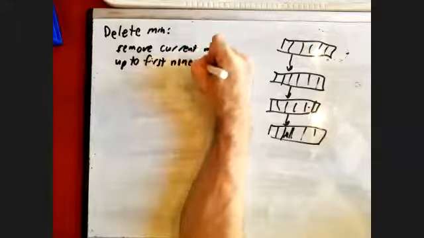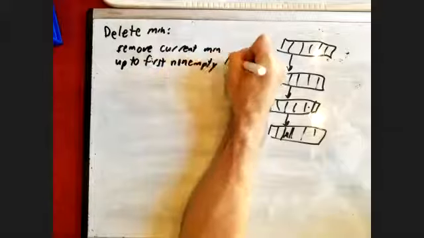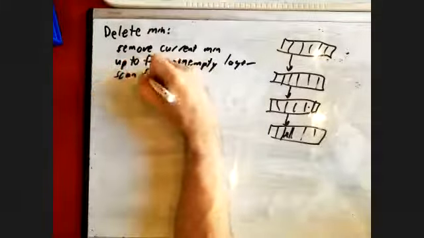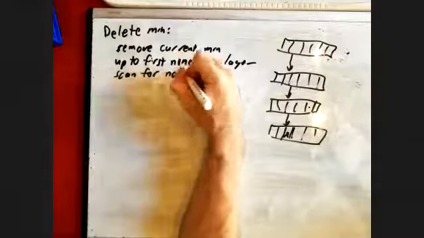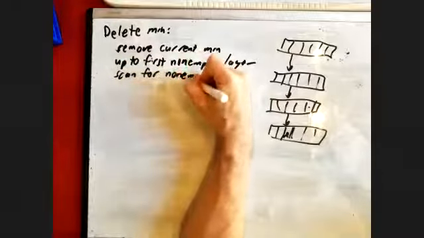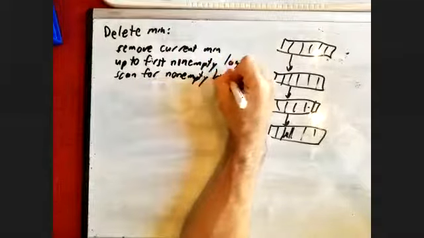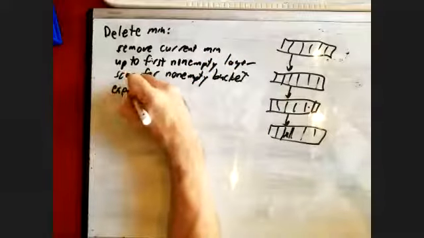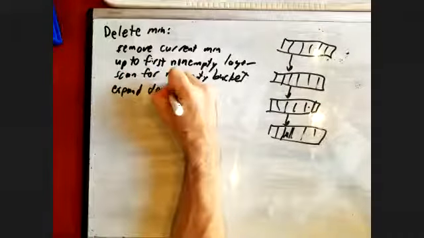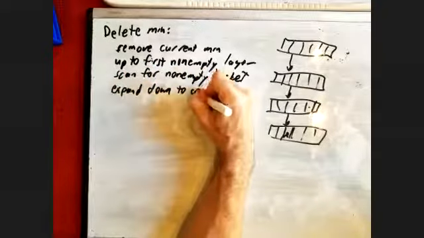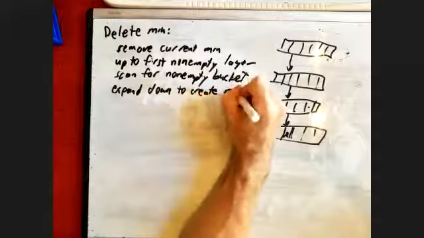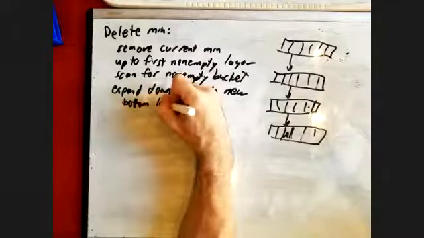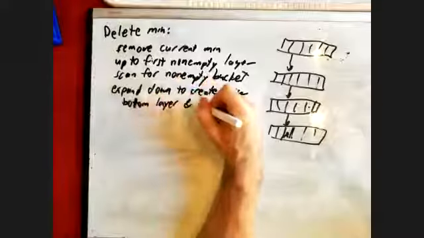Then, after we find a non-empty layer, we're going to have to scan for the first non-empty bucket. And then we're going to have to expand down to create a new bottom layer and reveal the new min.